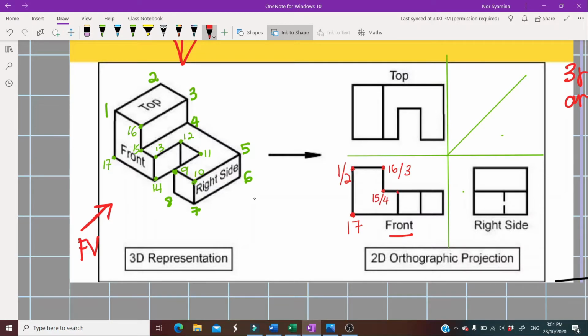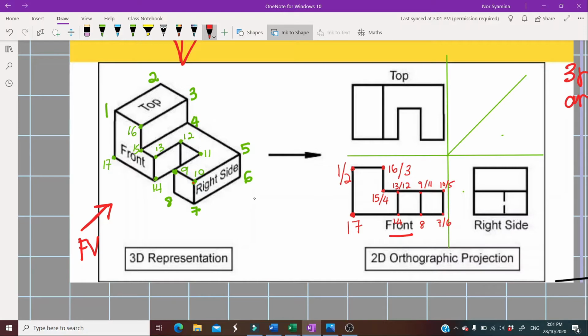And this point here is 13, stroke 12. This point here is going to be 9, stroke 11. This is 10, stroke 5. So if we go down from here, this is 7. 7 is on the same line as 6. There we got 8. And this is 14.